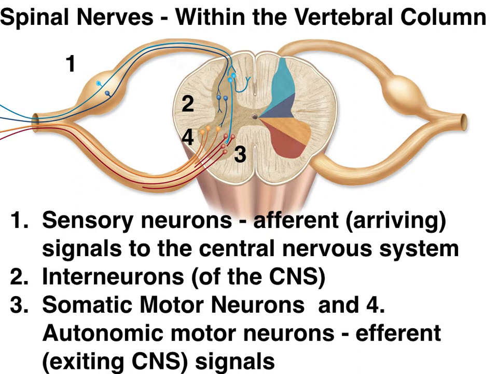Now, in both number 3 and 4, those axons are going to travel through the anterior rootlets and anterior root. So all of that contains efferent signals because those signals are exiting the central nervous system to go to effector tissues. So efferent or exiting signals.